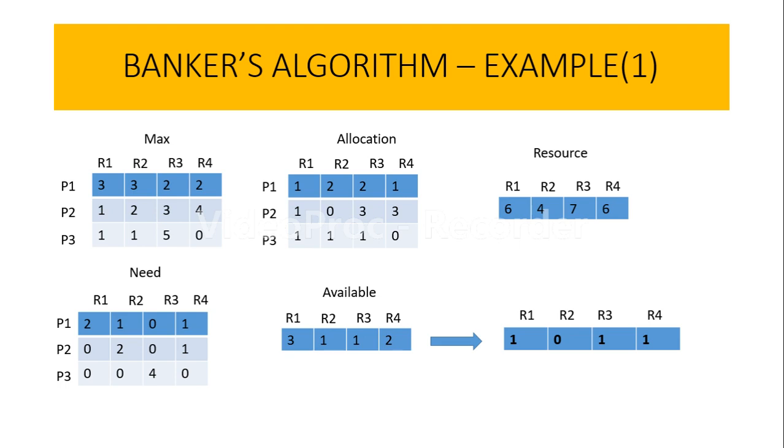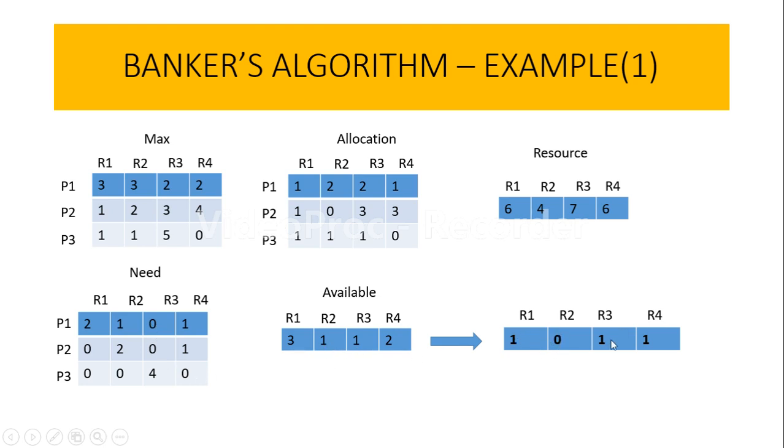So after allocating the need of P1, the availability will get reduced. How exactly is it getting reduced? 2 is required, there are totally 3, so 3 minus 2 is 1. 1 was required, available was only 1 for R2, so 0 is remaining.